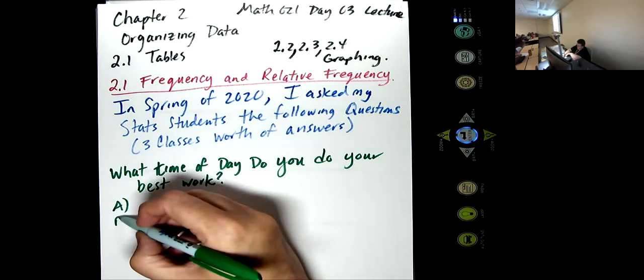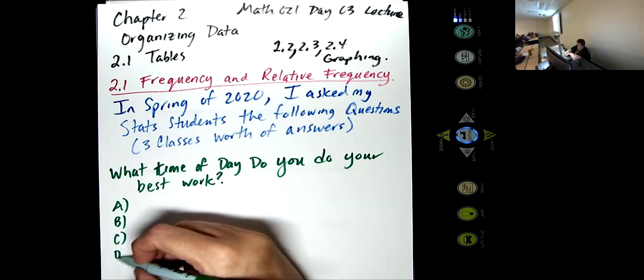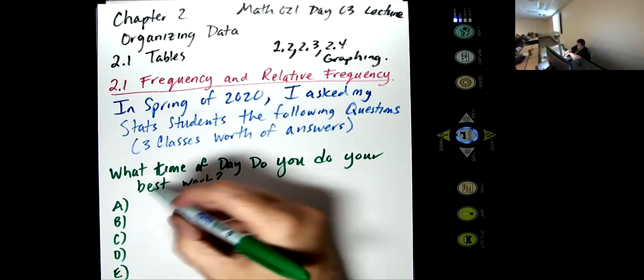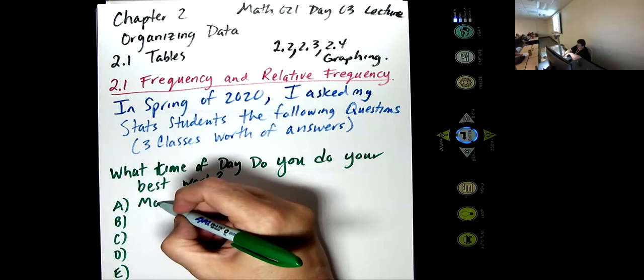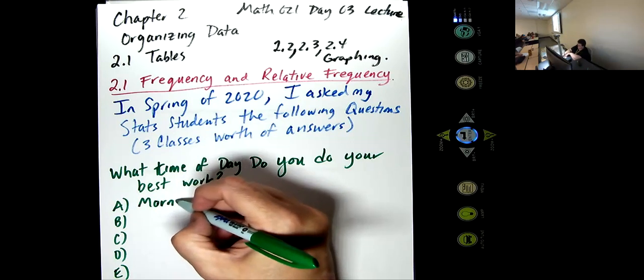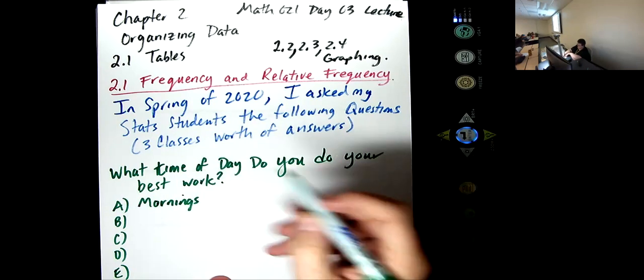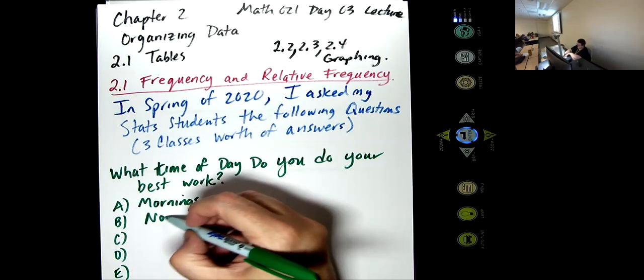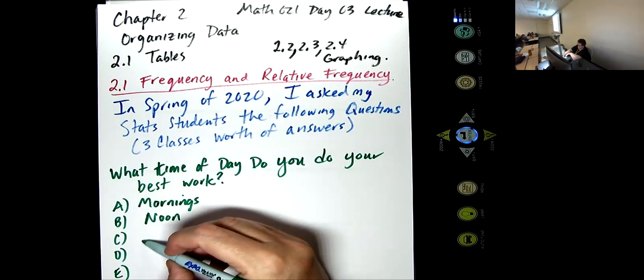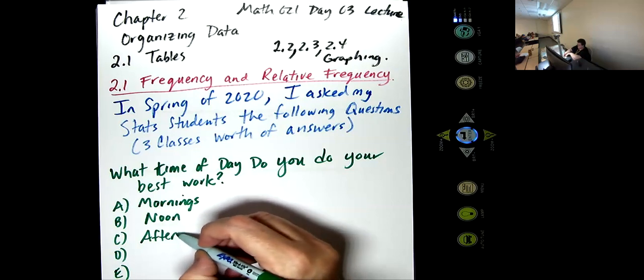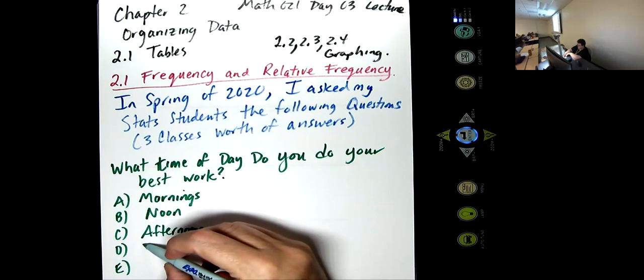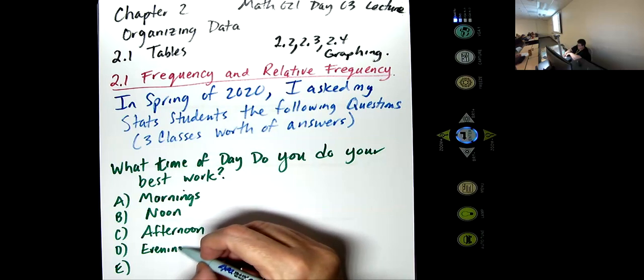They had 5 choices they could choose. They could say Monday mornings, noon, afternoon, evening, or late night.